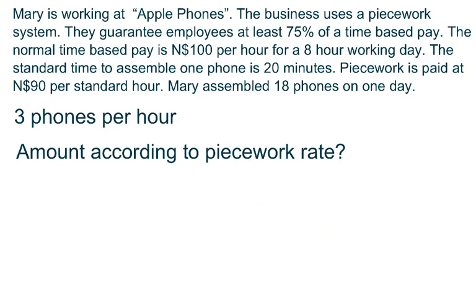Now we said that Mary assembled 18 phones, and we also said that it should take her 20 minutes to assemble one phone, and that equals 3 phones per hour. Now if she assembled 18 phones, we need to know how many hours those are.